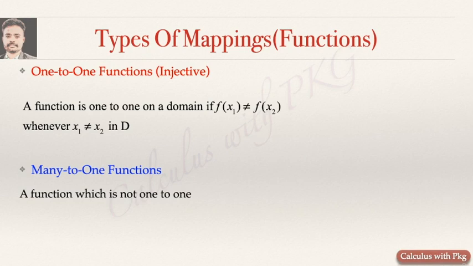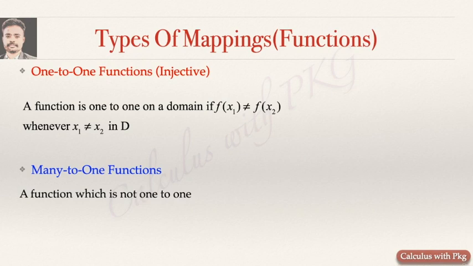Or in other words, we can say, suppose x1 and x2 are input values present in the domain of the function f of x, and if x1 is not equal to x2, then the outputs of the function f of x1 and f of x2 are not equal, then we can say that the function is one-to-one.